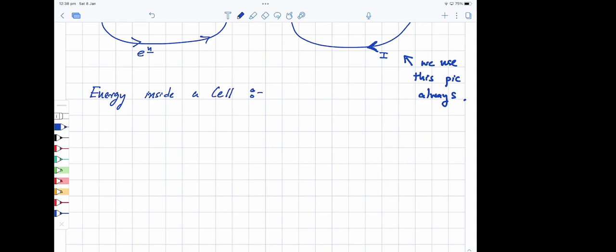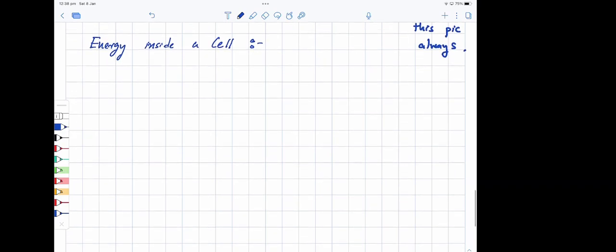So energy inside the cell. Now we'll think about this again logically. This is the notation. So this is minus node, plus node. Plus node here, minus node here, right?